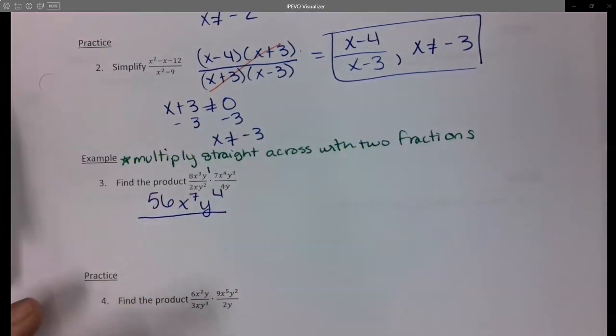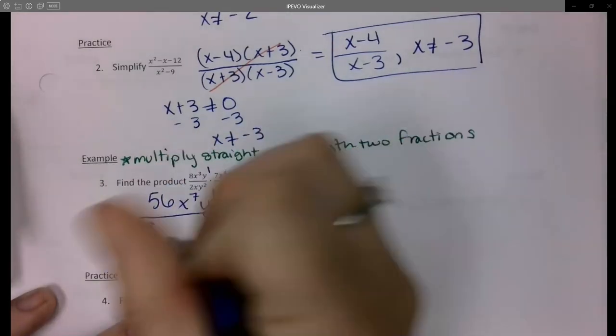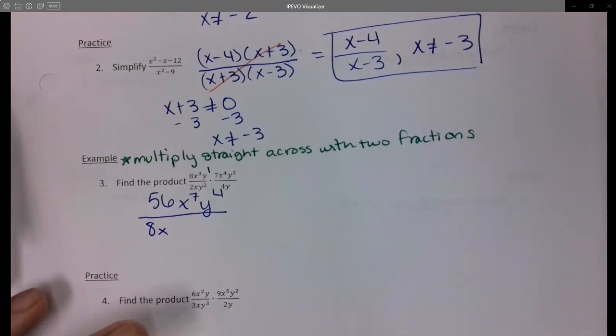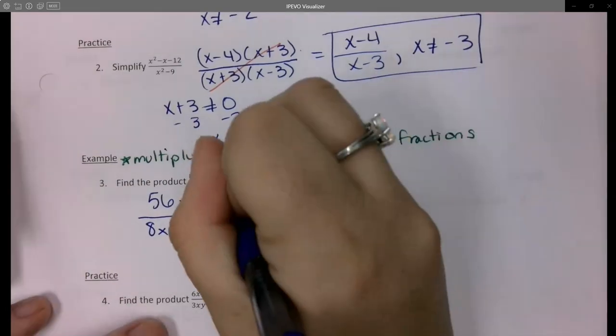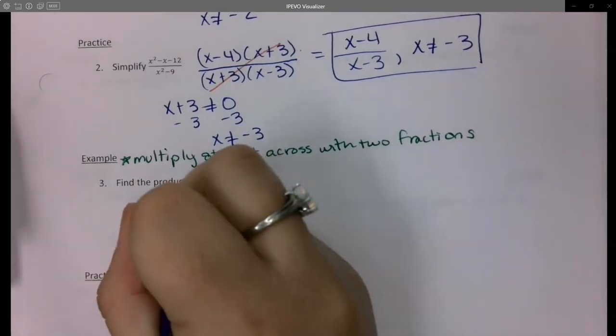Then for the denominator, I have 2 times 4. Eight. And then I just have an x with nothing to go to it. For my y's, I have a y squared and a y to the 1 on the bottom. Y cubed.